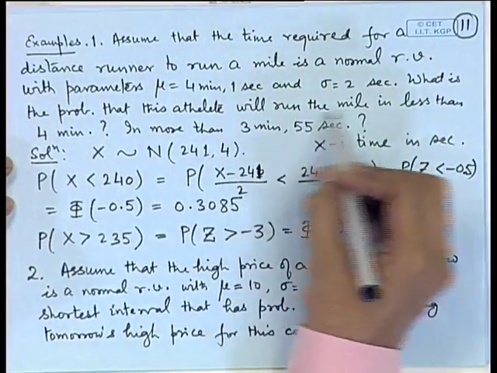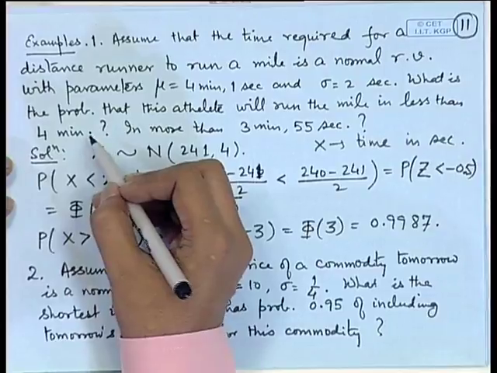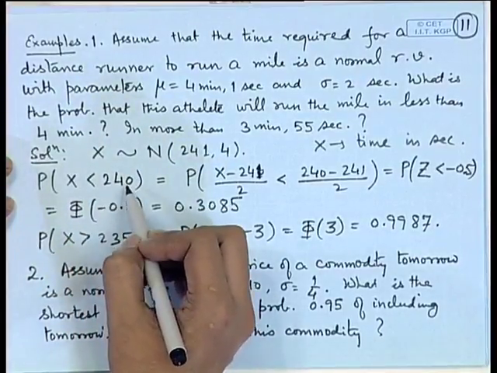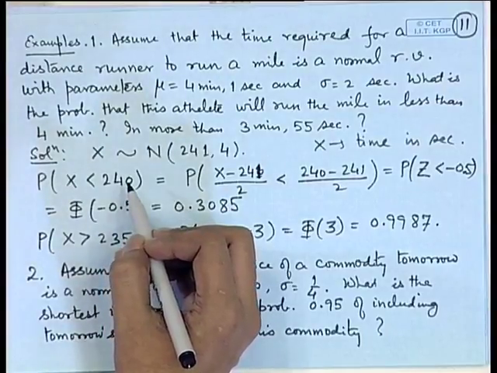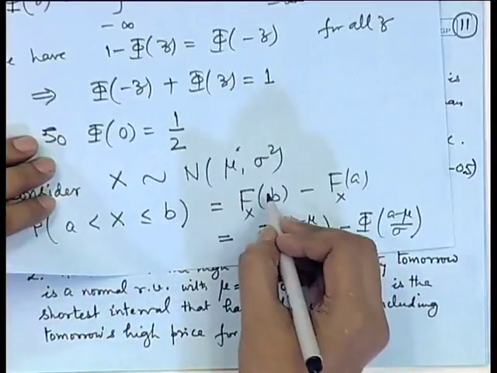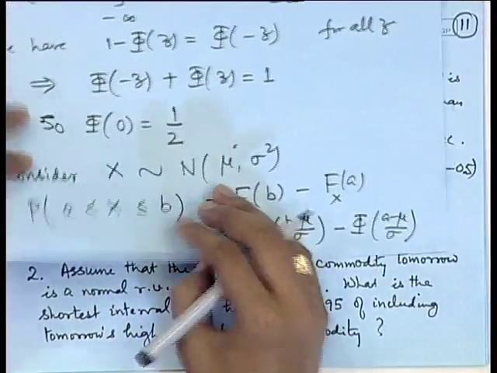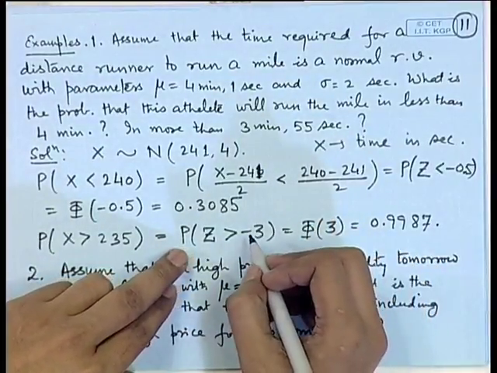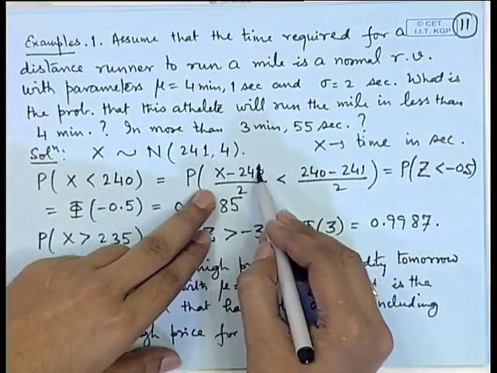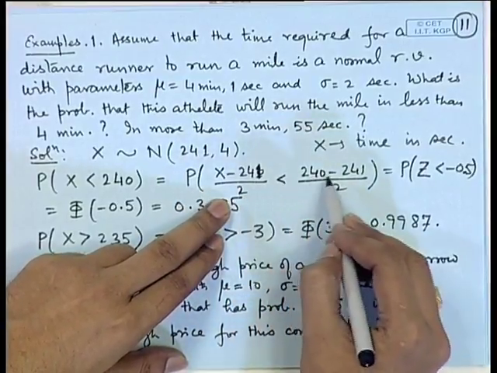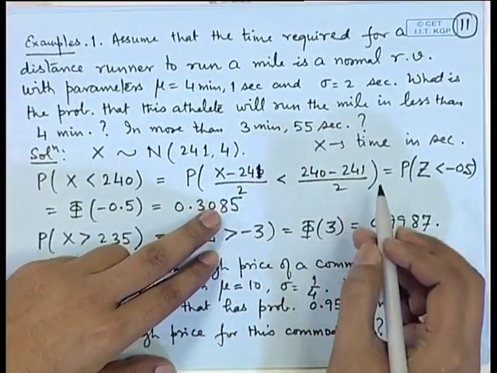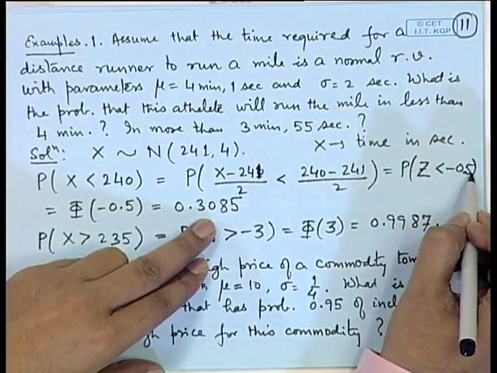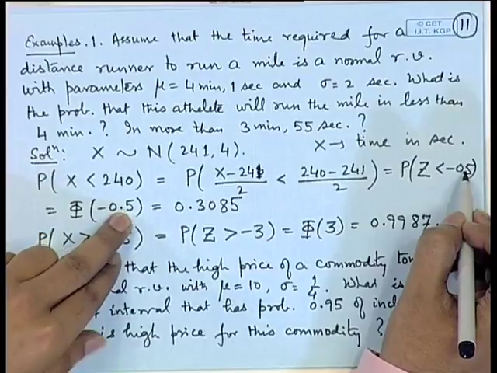So, what is the probability of running in less than 4 minutes? That means x is less than 240. What is the probability of this event? Utilizing this relationship, we can write this as probability of (x minus 241) by 2 less than (240 minus 241) by 2, which is probability z less than minus 0.5, which is phi of minus 0.5.